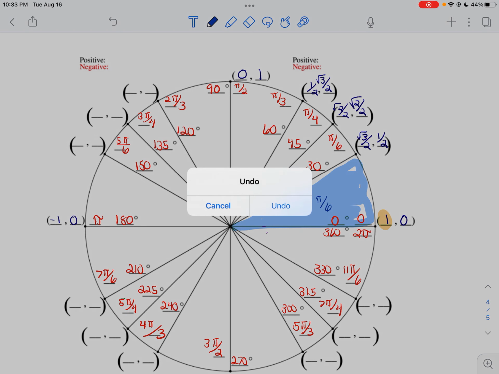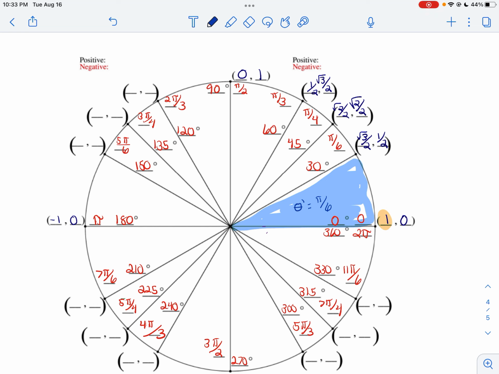All right, so what you're going to do is find in each quadrant an angle that has a reference angle of pi over 6. So if I'm looking in quadrant 2, it would be 5 pi over 6, because from that terminal side to the nearest x-axis is 30 degrees, or pi over 6.